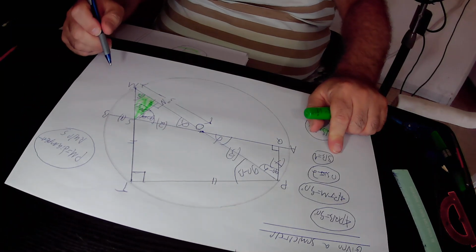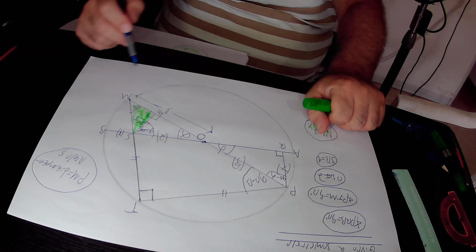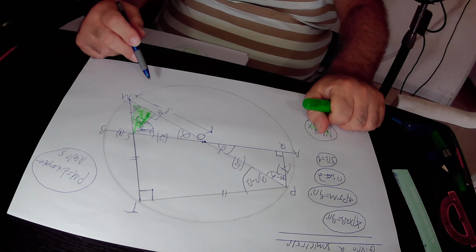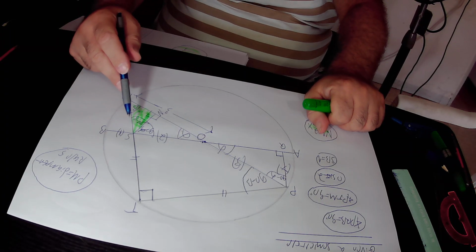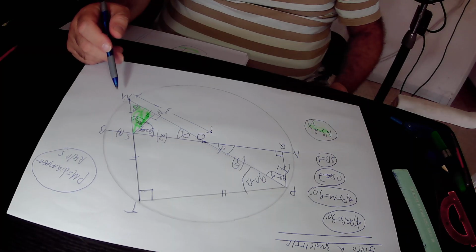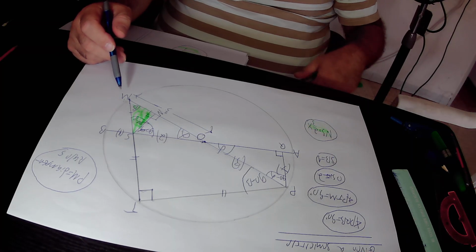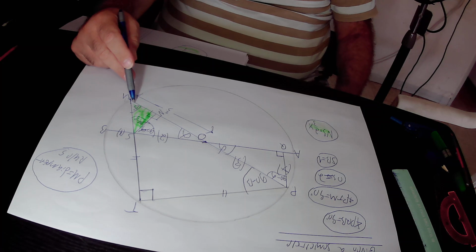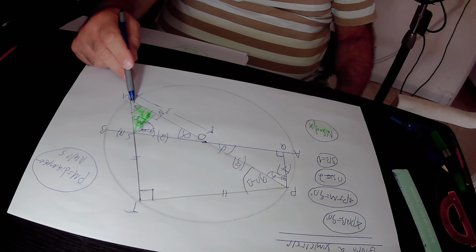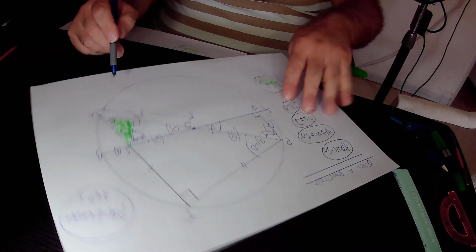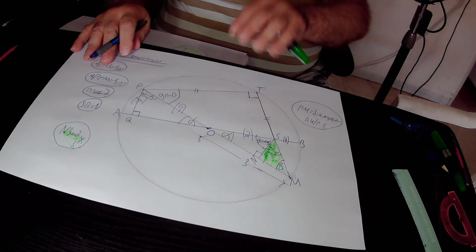It is very easy to see that the big right triangle PTM is similar to the small right green triangle NSM. That is to say, this is angle beta, the common angle that belongs to both triangles, so you can write down that angle beta equals itself as a common angle.